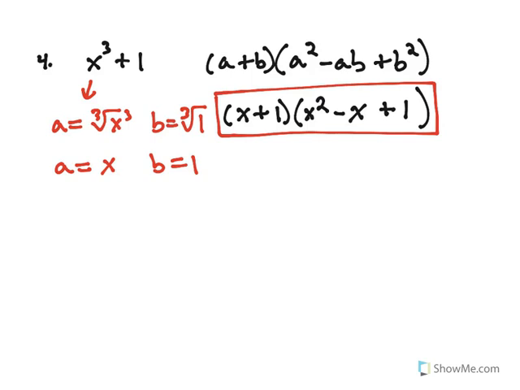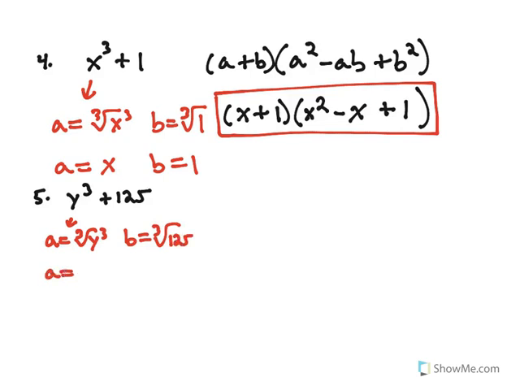Alright, let's go ahead and do another one. So here we have y cubed plus 125. Again, A is the cube root of y cubed, and B is the cube root of 125.